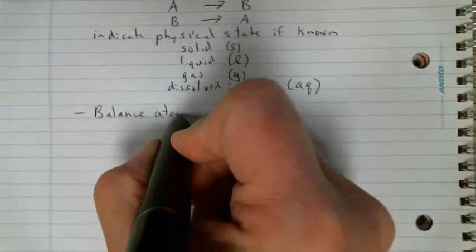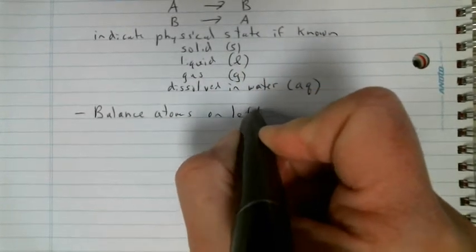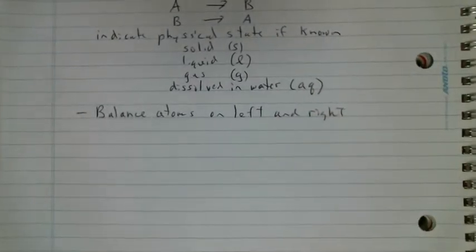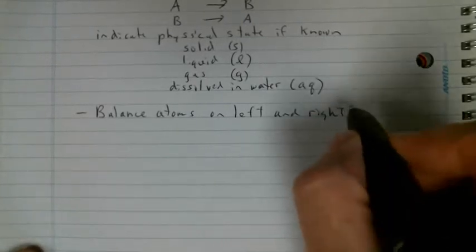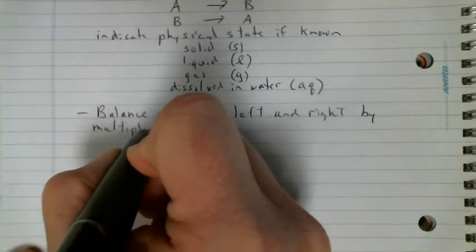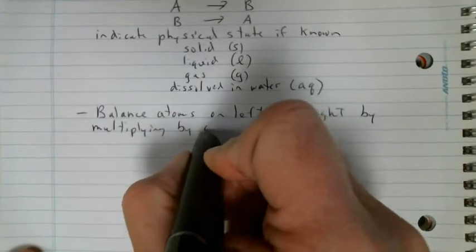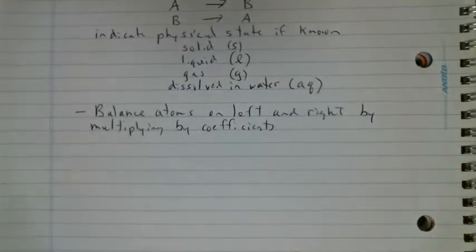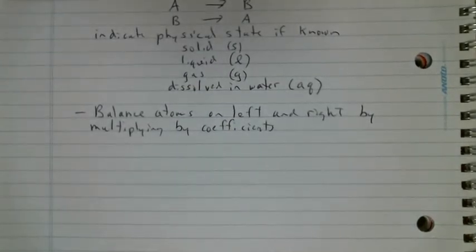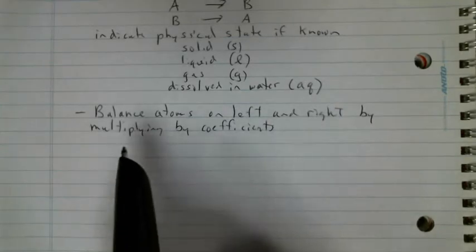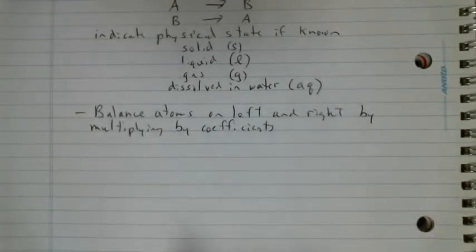So we'll balance atoms on the left and the right by inspection, just by looking at it and figuring it out, but by multiplying by coefficients, so that we end up with the same number on each side. Okay, so you're just going to look at it and you put whole number coefficients on your substances on the left and the right until all of the atoms are balanced. So all irons are the same, or all oxygens are the same.